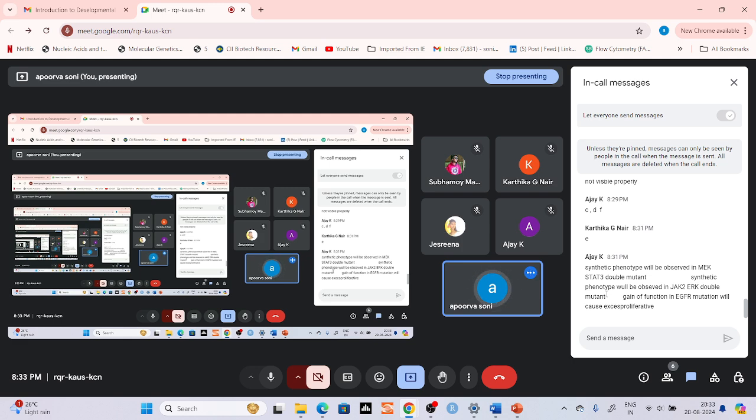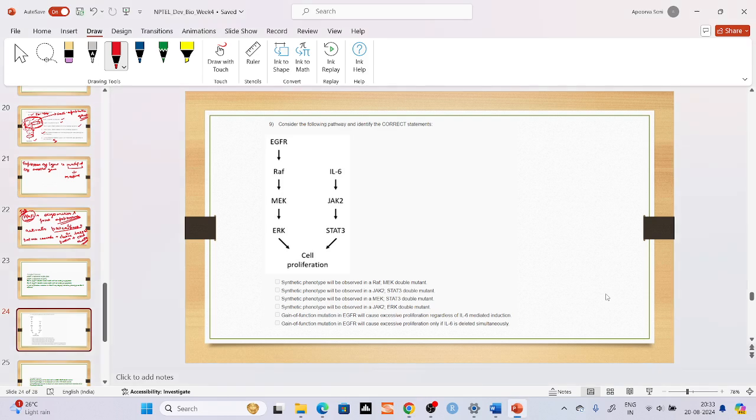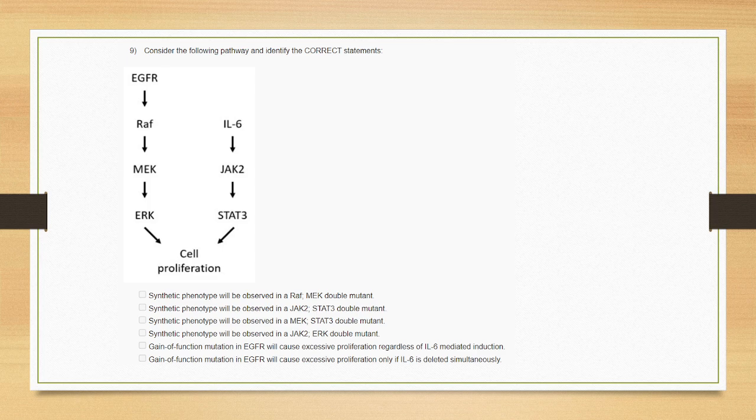Okay. Good, Ajay. So, this question essentially involves the concept of synthetic phenotype.